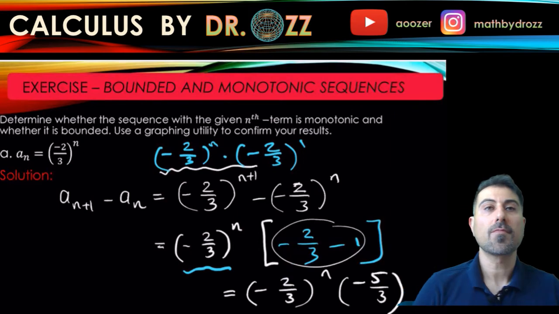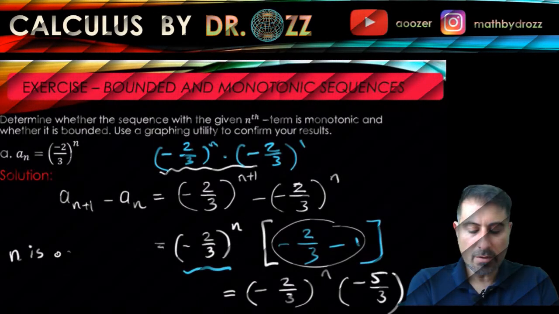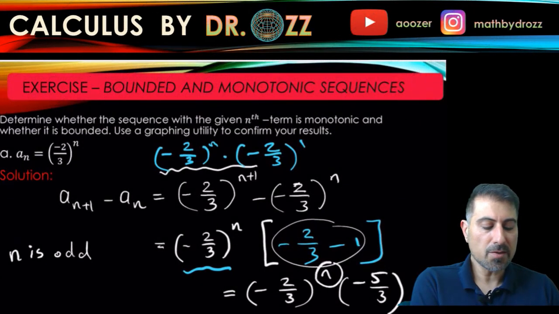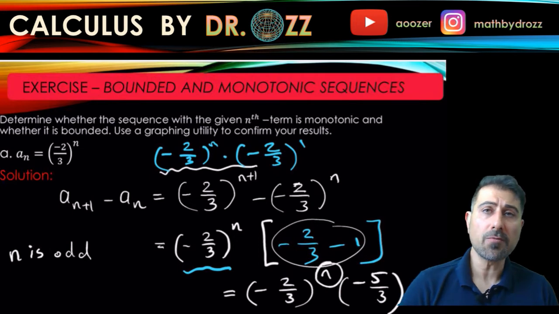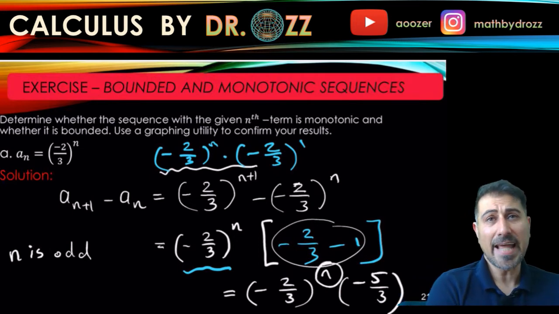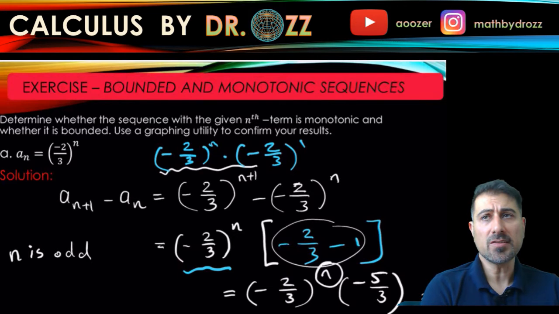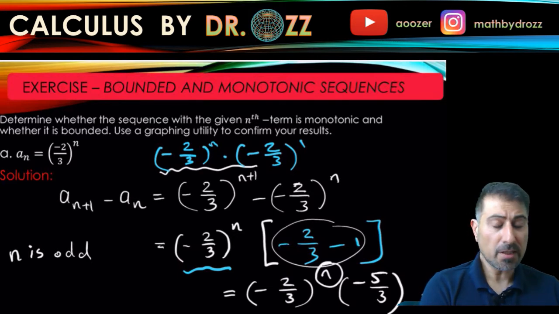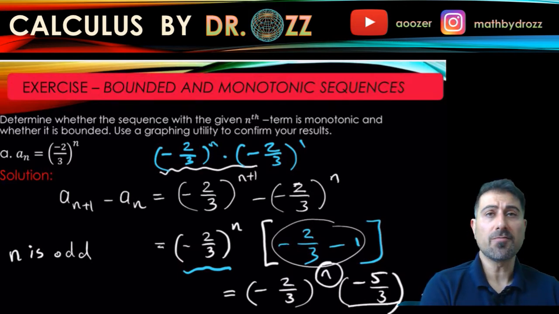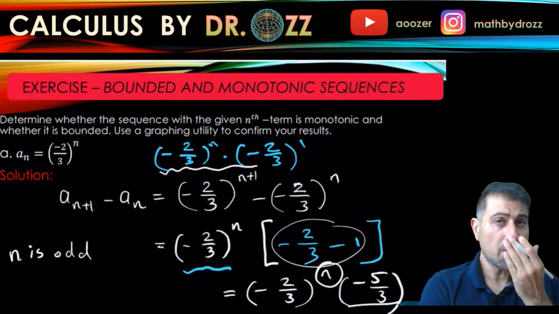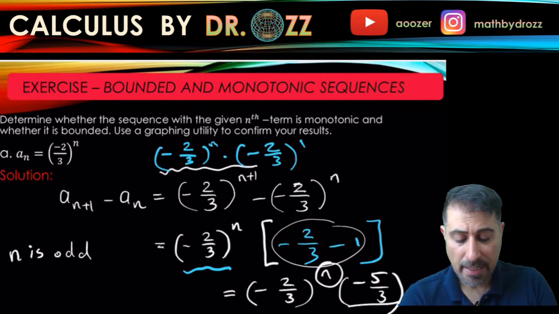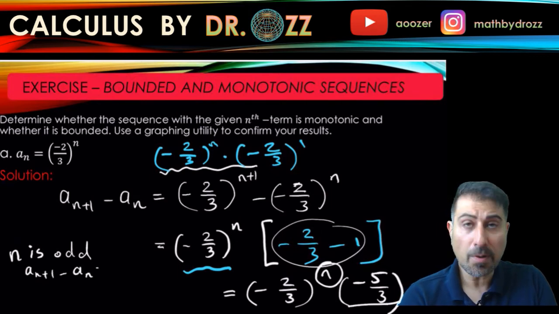Okay, n is odd. Okay, so that means you're talking about the odd powers of a negative number. And that is negative, no matter what n is. And a negative number times another negative number, which is -5 over 3, is going to take you to a positive number. So when n is odd, a_(n+1) minus a_n is positive.